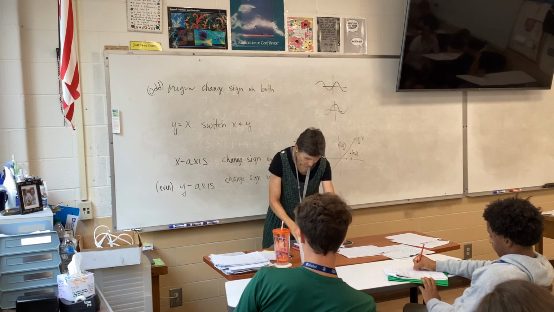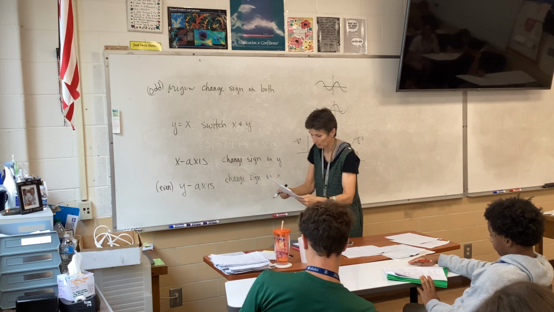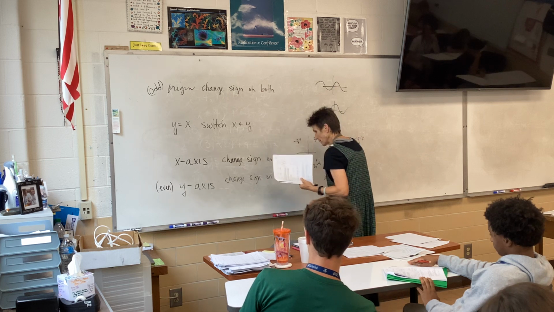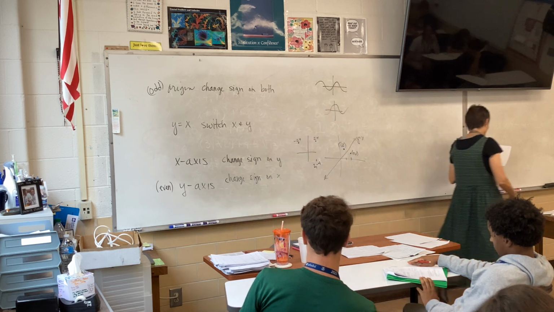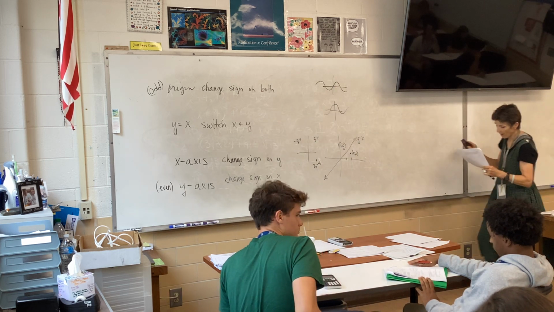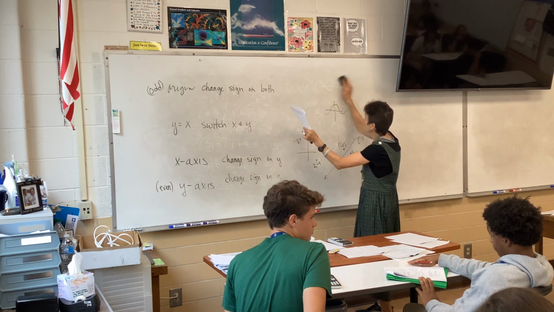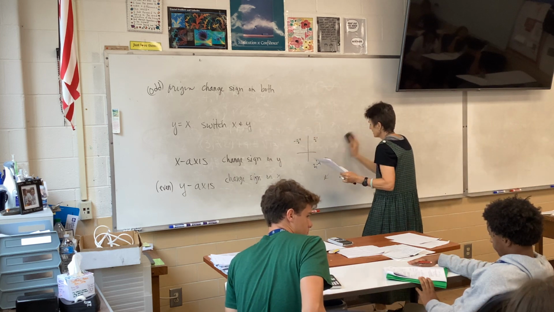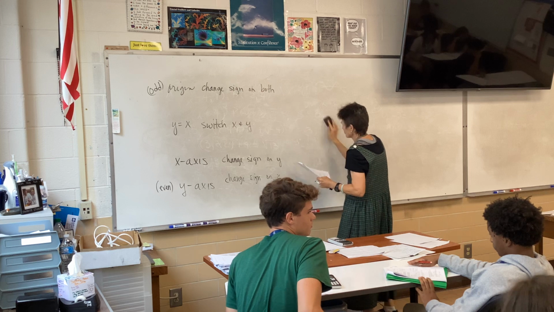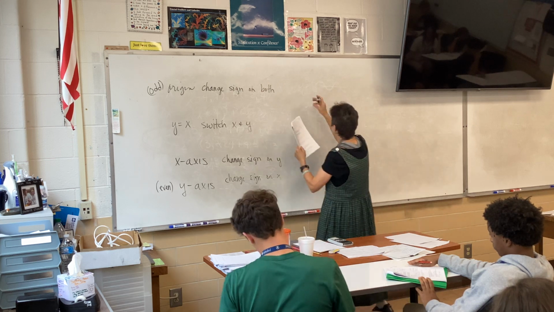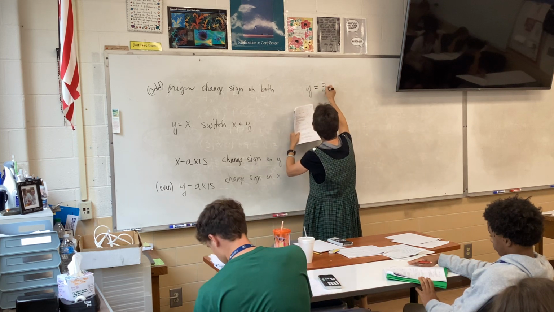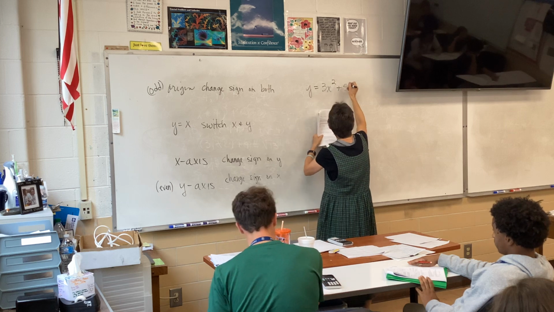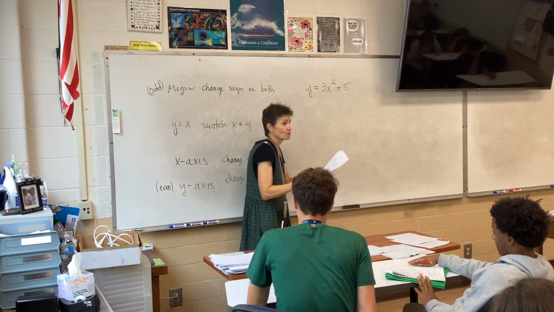So now what we're going to do is test a couple of them. We're going to check y equals 3x squared plus 5, and we're going to figure out which of these symmetries it has. You guys are smart. You can probably do most of these in your head, but I'm going to write it all out since this is our first one.